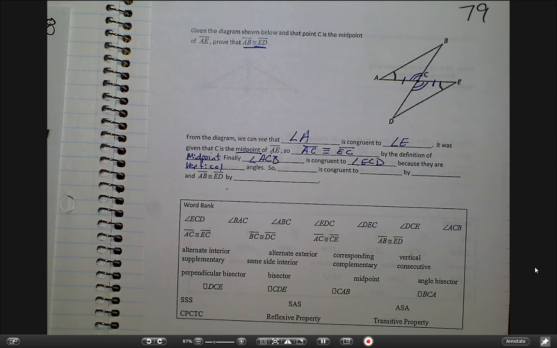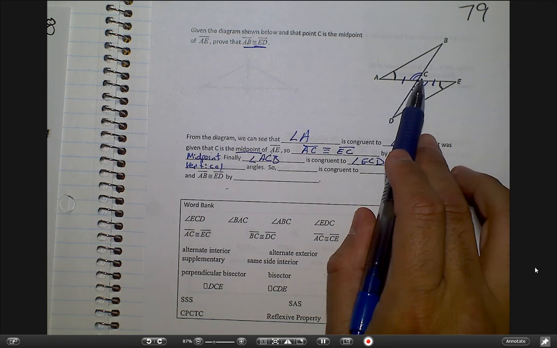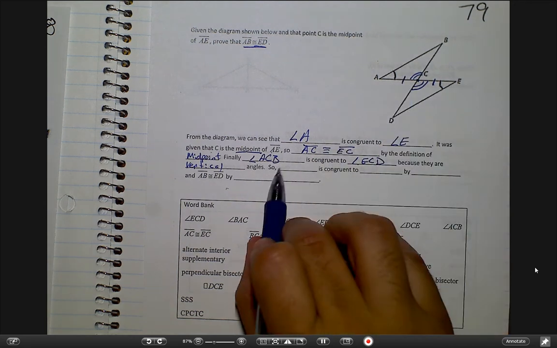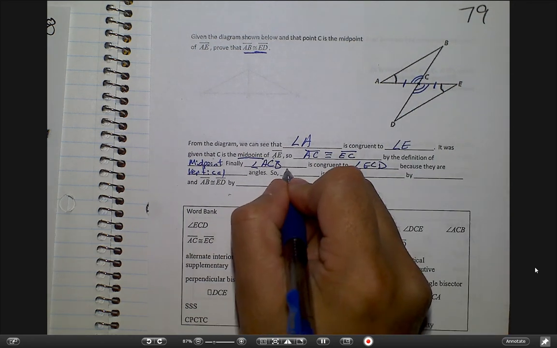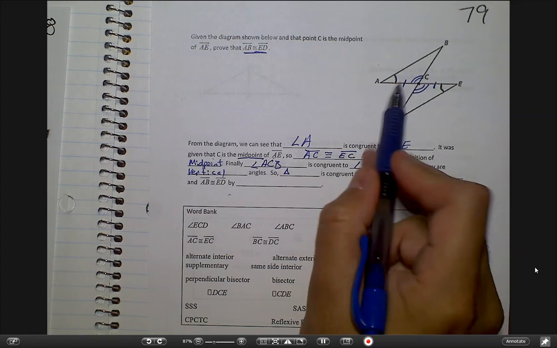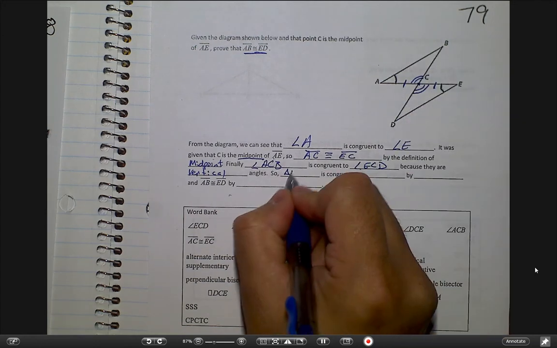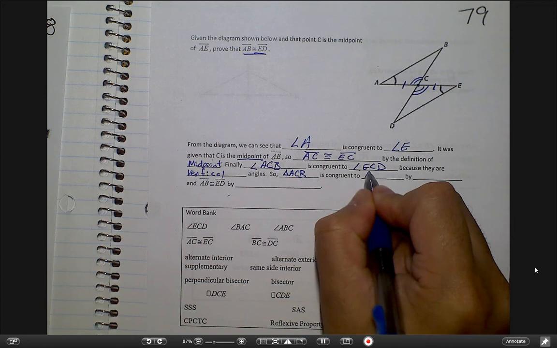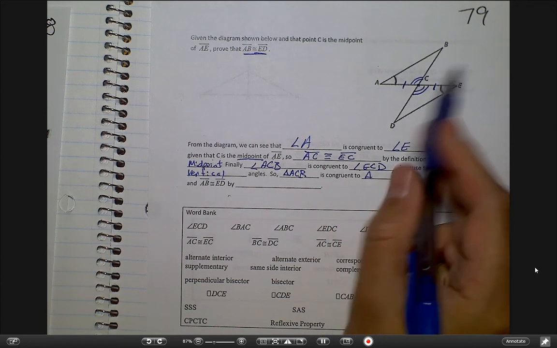Now, do I have enough information to say the triangles are congruent? No? Yes? Yes. I do. I have angle, side, angle now, don't I? So if I could state that, so let's go ahead. So triangle ACB is congruent to triangle ECD.